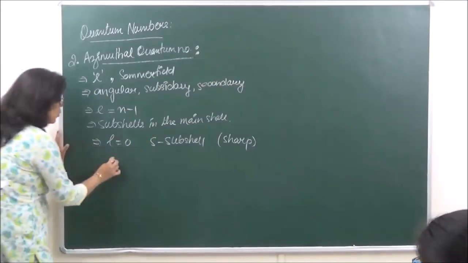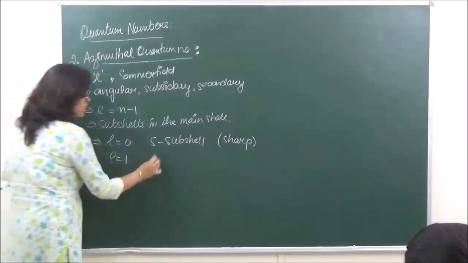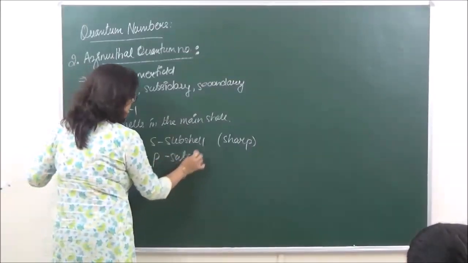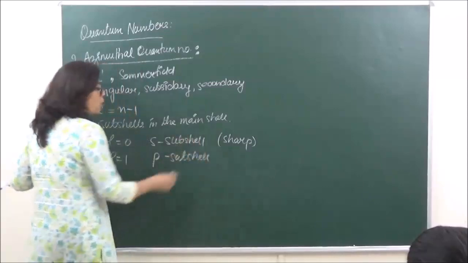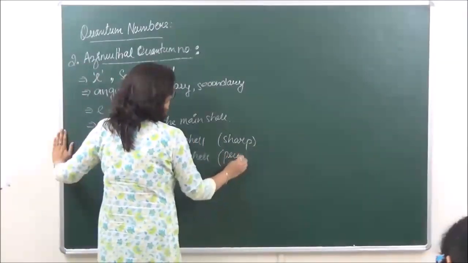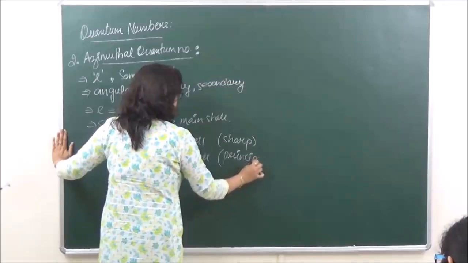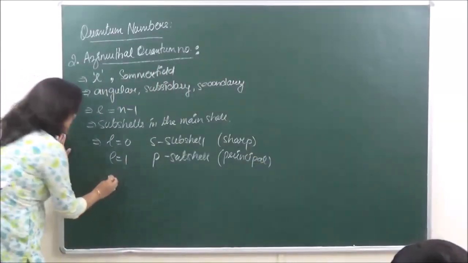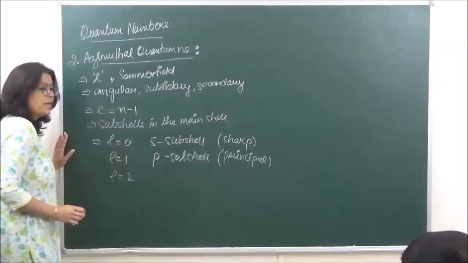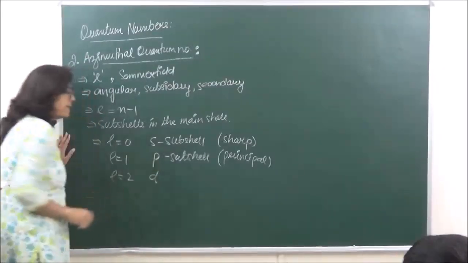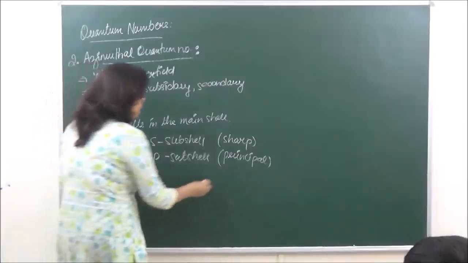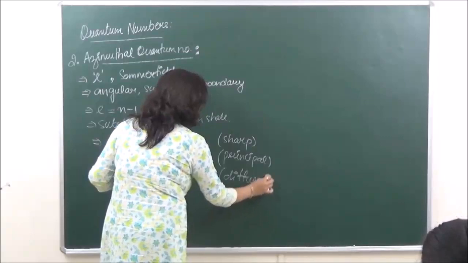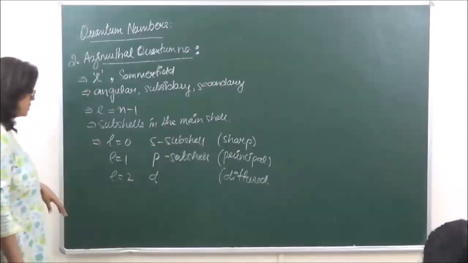If L is equal to 1, the subshell present is P, and P over here means principal. Okay? If L is equal to 2, the subshell present is D, and D over here means diffused.